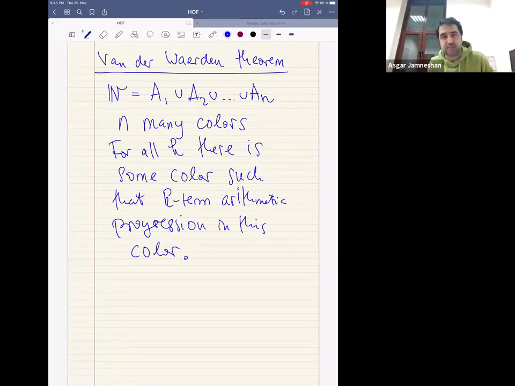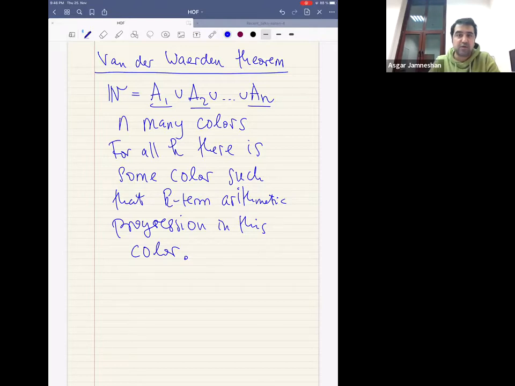So however you split, whatever you do for a splitting. In fact, this is quite a strong statement, because you can not only find 3-term progressions, you can find arithmetic progressions of any length. And in fact, you can find infinitely many arithmetic progressions of any length which are in one of these classes.